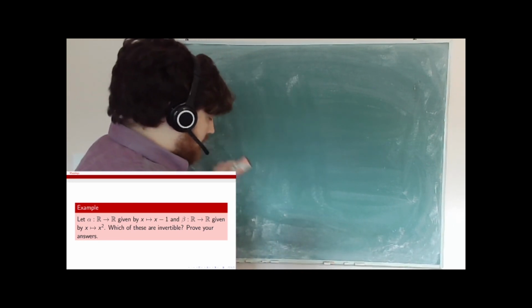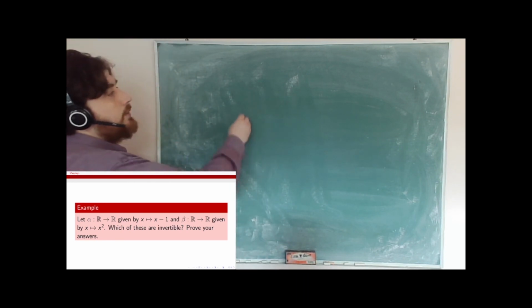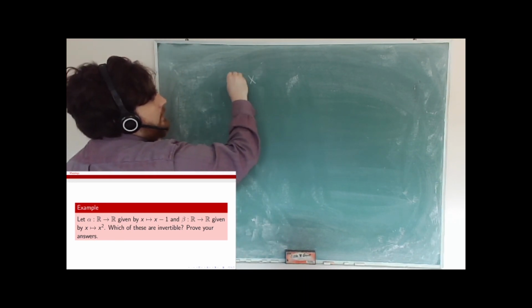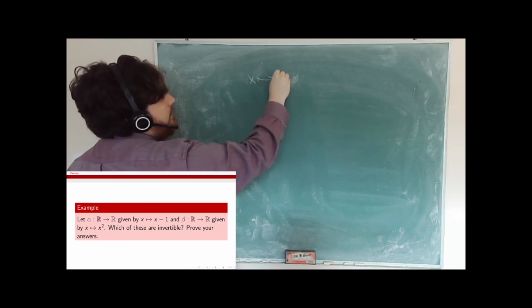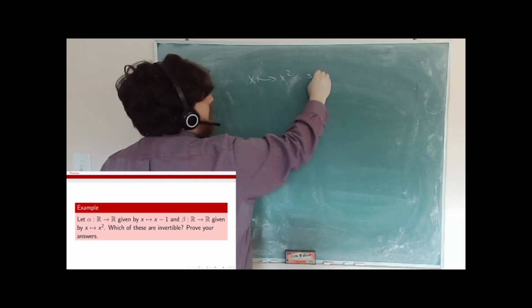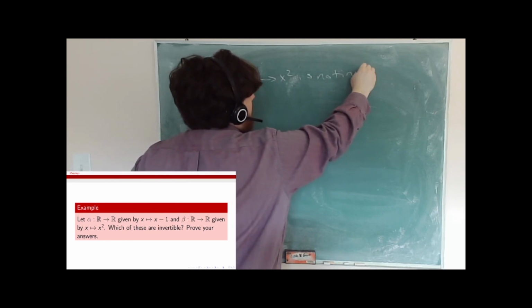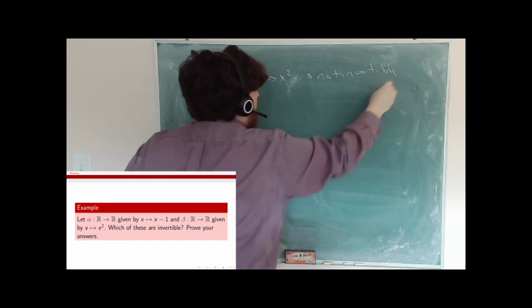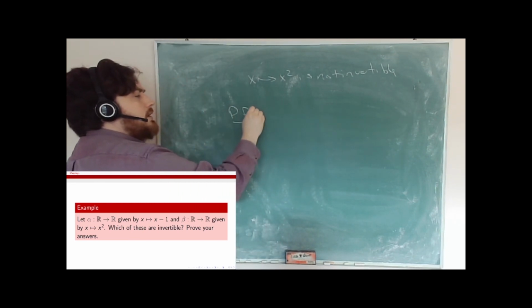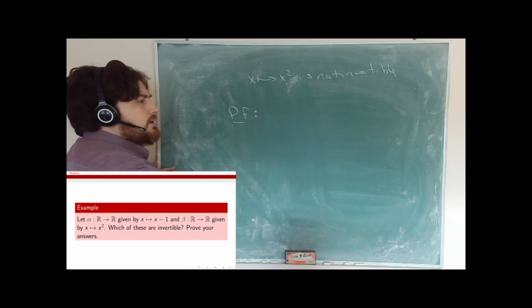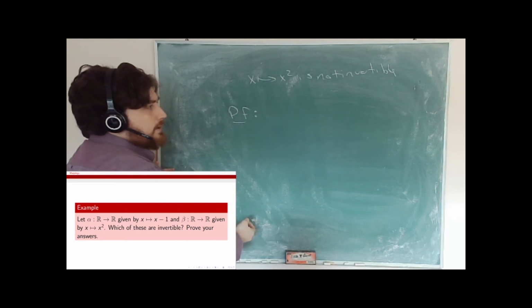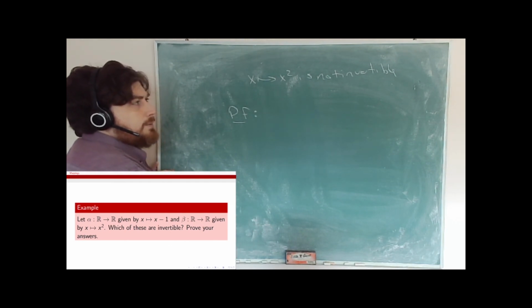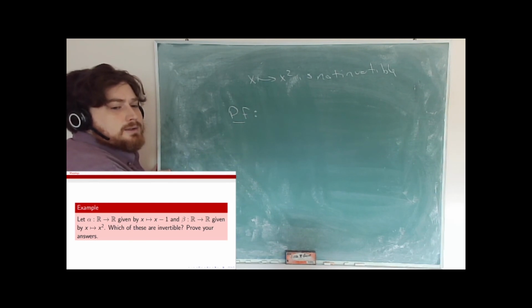All right. So how would we prove that x maps to x squared is not invertible? What we have to show is that, if it was invertible, we'd have a mapping from R to R which undoes this.